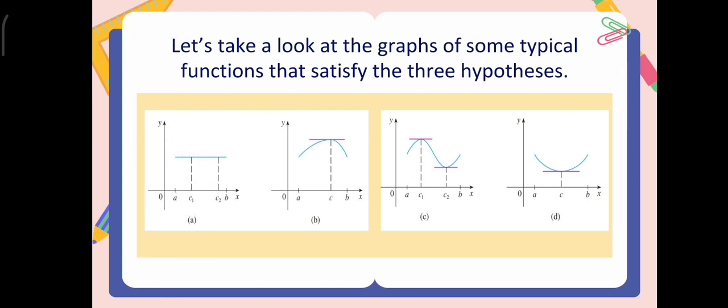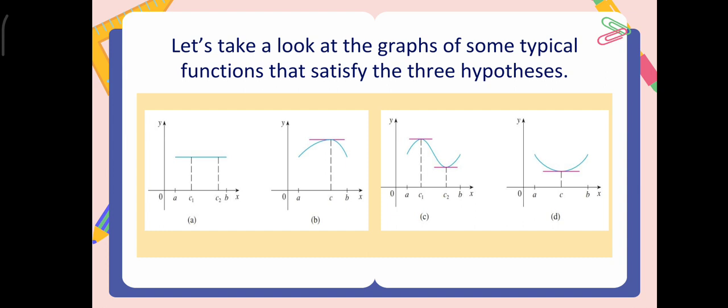So let's take a look at these graphs of some typical functions that satisfy the three hypotheses. What can you say about the pictures from graph A to graph D? You may pause the video if you want to think more about it. Okay, so the answer is that it appears that there is at least one point on the graph where the tangent is horizontal, parallel to the x-axis.